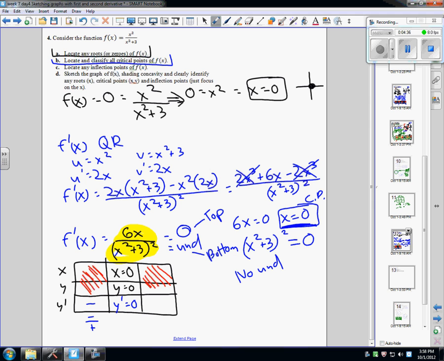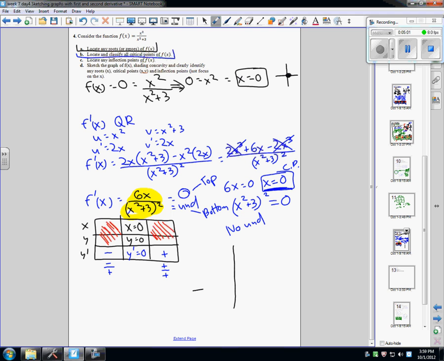Anything greater than 0 would be a positive over a positive, which is a positive. So if I wanted to somewhat sketch this, all I can really give you right now for this problem is I go down, I hit a 0, and I go back up. Do you agree this could be what this guy looks like?